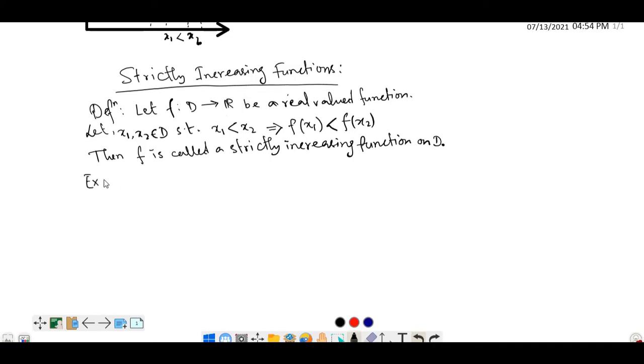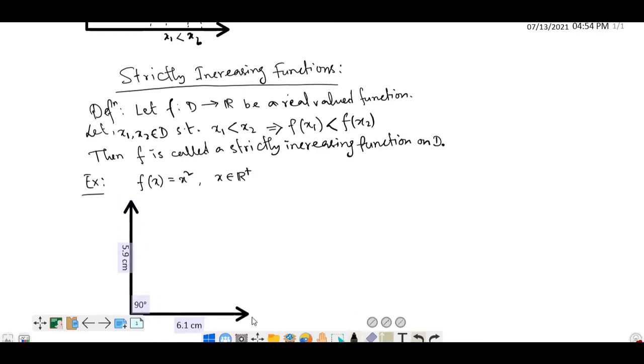So for example, you can see the previous one, that is f(x) equal to x square, when it is defined on the positive part of the x-axis, it will be strictly increasing actually, because from the graph you can realize that it is satisfying only the strictly inequality condition. Means the strictly less than condition is satisfying here for any 2 points.